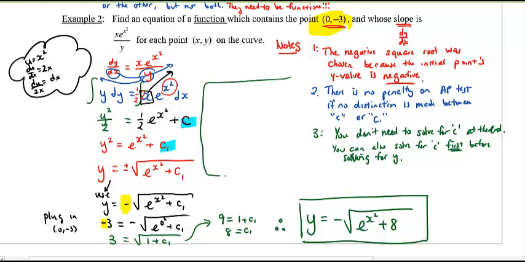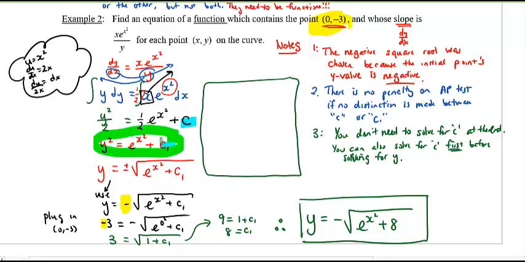Let me just show you how we can do that right now, because I have a little bit of space here. Apologies if this is a little bit messy, but I think it's important to do. You see this equation here that I'm going to circle in green? I could have actually just used that equation and solved for c1 right away. Think about it. Y squared, right?